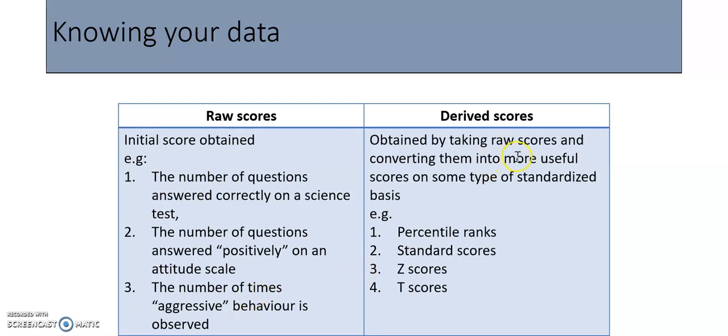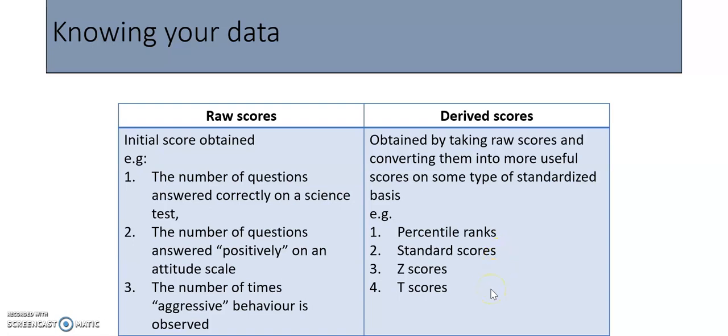So what is a derived score? Derived scores are taken from raw scores but changed a little bit, in a way that makes the values standard. These are the examples: percentile ranks, standard scores, z-scores, and t-scores.